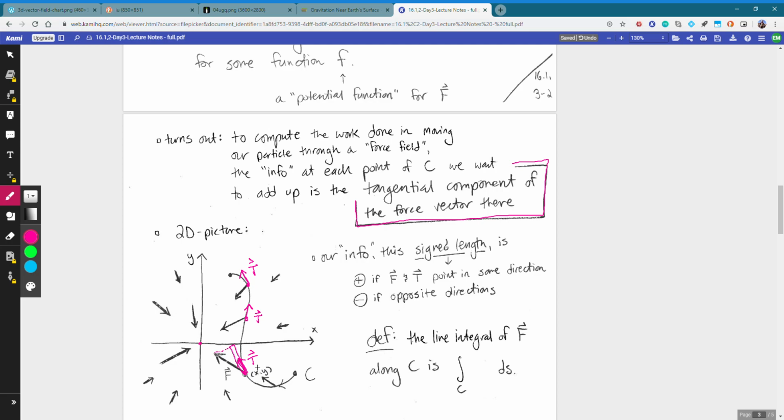Now, it turns out there's a nice formula to get a hold of this. In order to find this tangential component, this information that we are interested in adding up, all we have to do is actually just take the dot product of our force vector and our unit tangent, F dot T. It turns out that that gives us the tangential component.